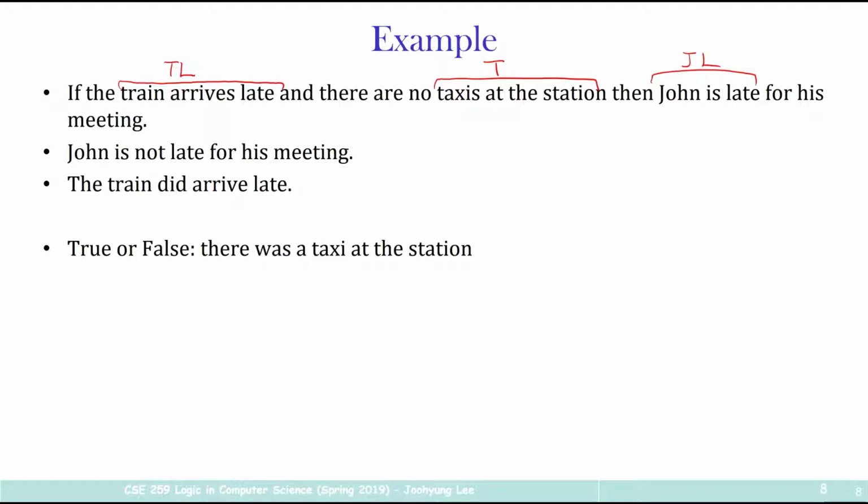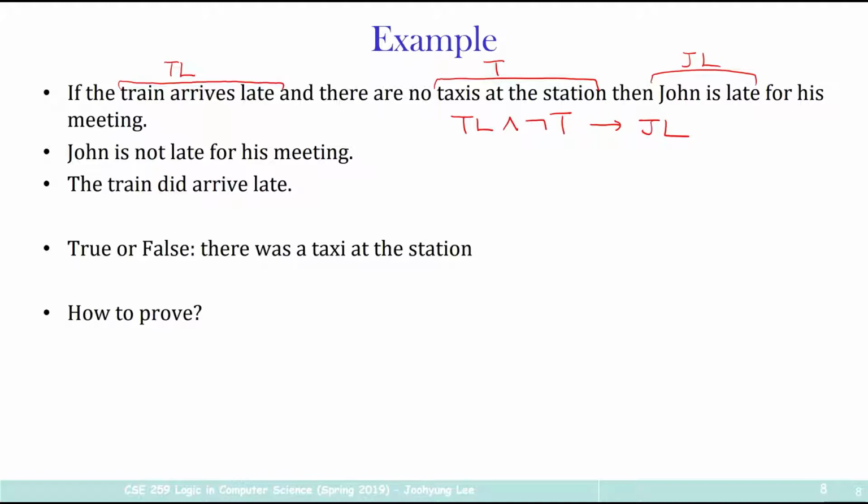So the first sentence is saying the train arrives late and there is no taxi at the station, meaning the negation of T, then John is late for his meeting. So the first sentence can be represented by this formula.